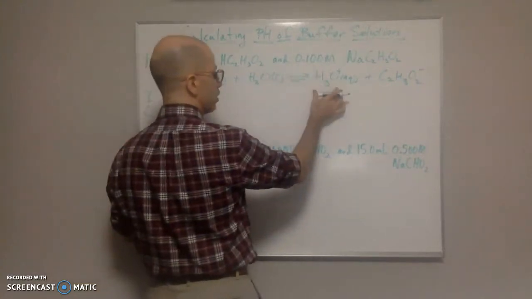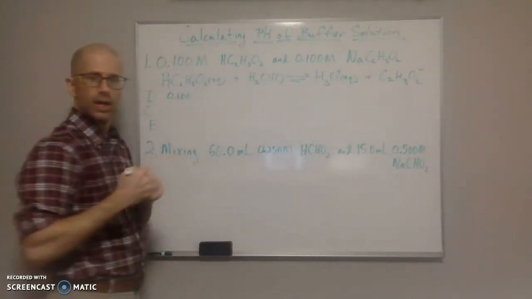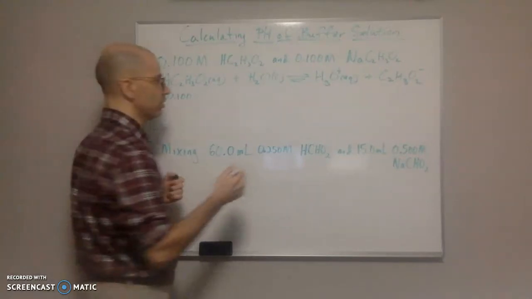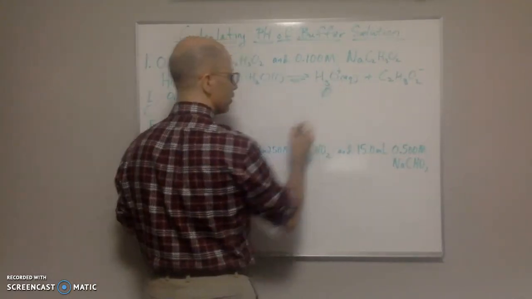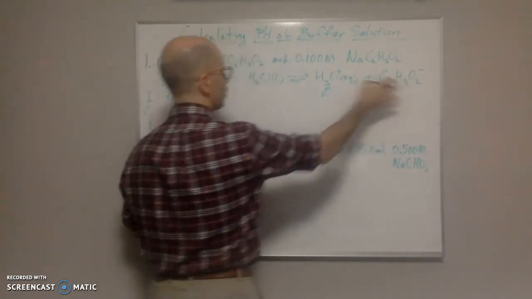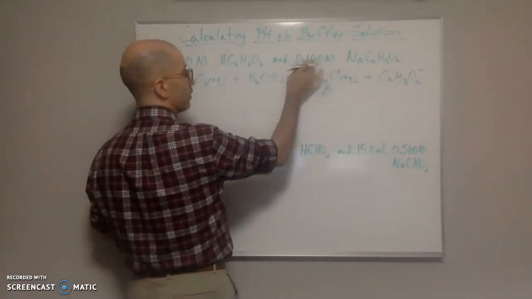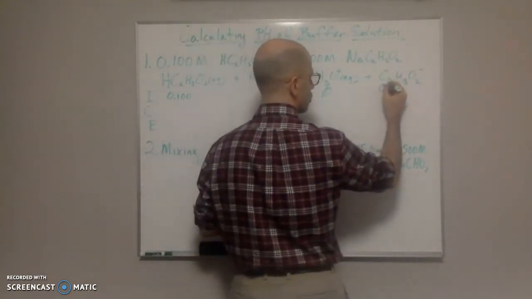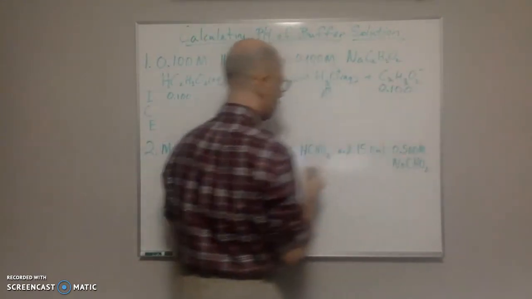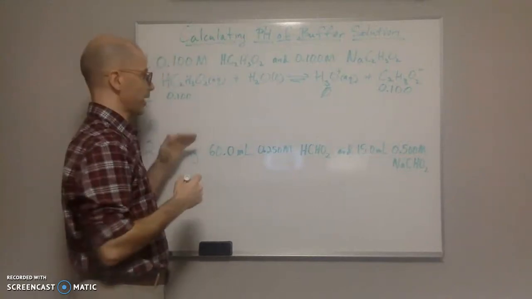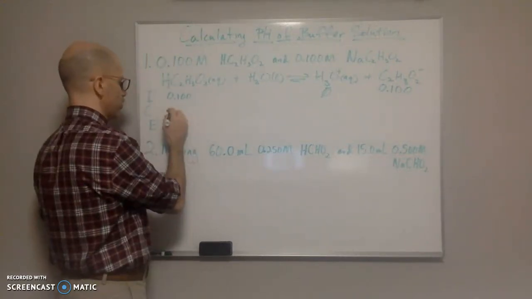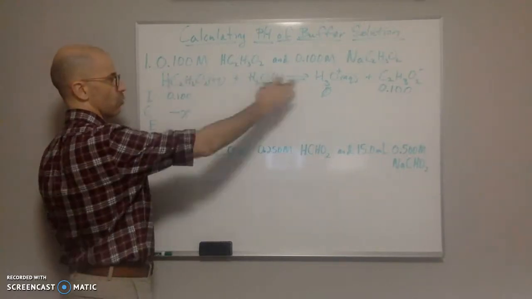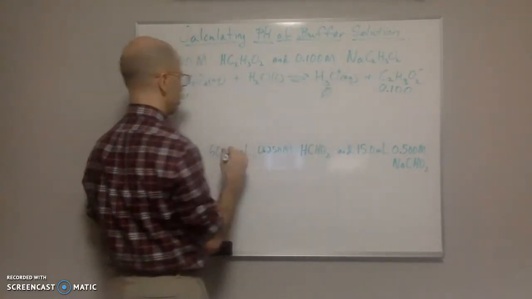And here the starting concentration of your H3O plus is effectively zero, so we're going to put 0. And then, of course, here we're told that we have a 0.100 molar solution of that ion, so it's 0.100. And then you're going to do the change. So you're going to lose some acid, so negative x, it's all a 1 to 1 to 1 ratio.